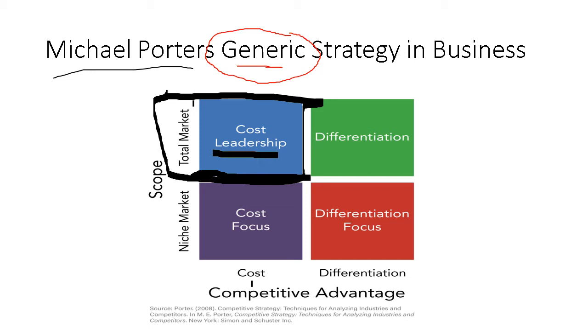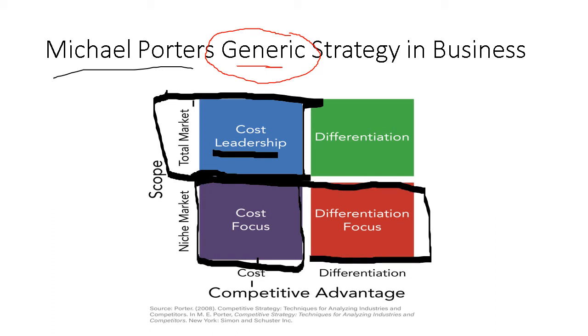At the bottom, if you are trying to serve a niche market and your competitive advantage is cost, you have here a cost focus. This one is the focus, and the focus is divided into two segments, the cost focus and the differentiation focus.